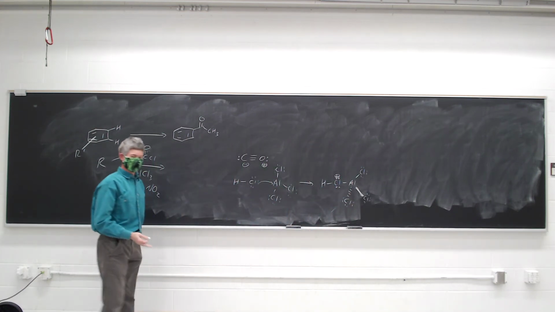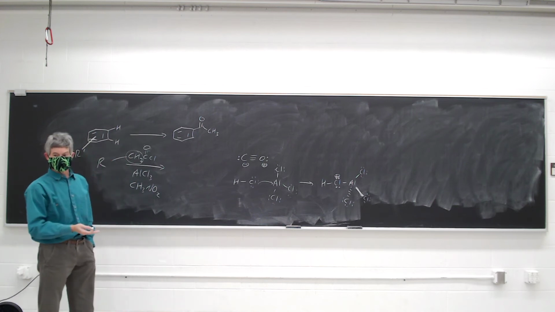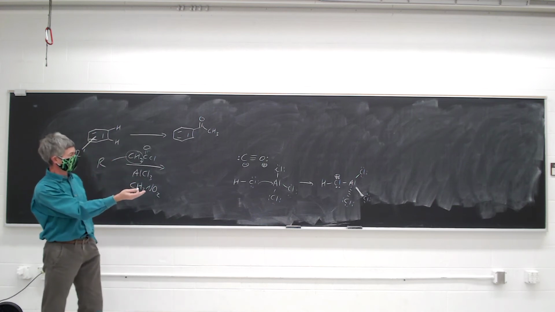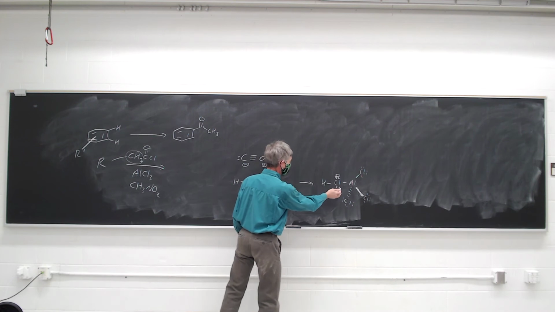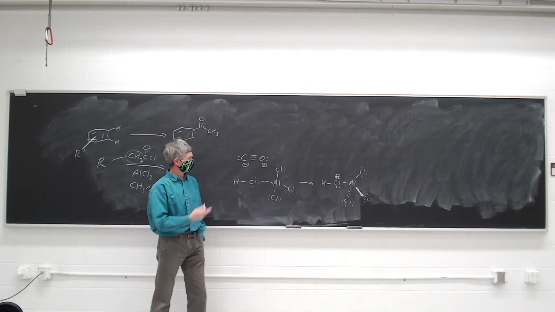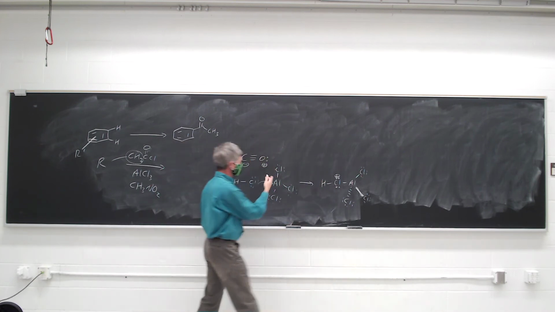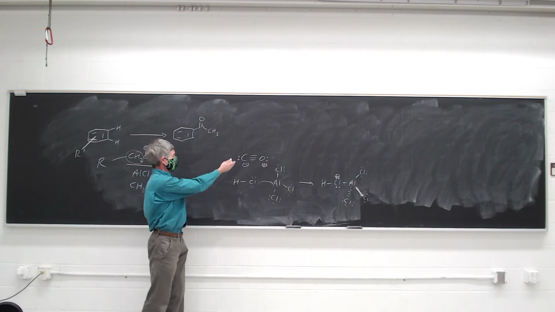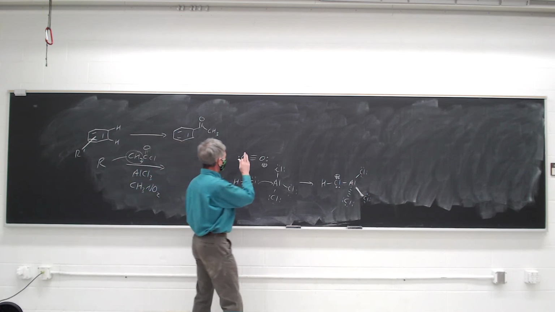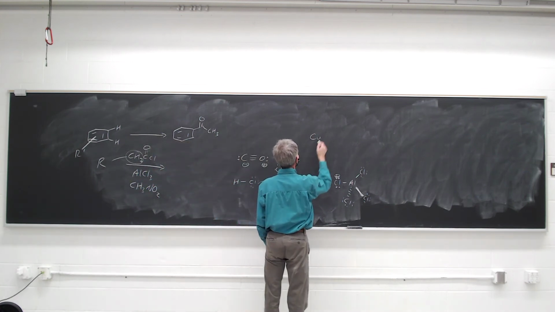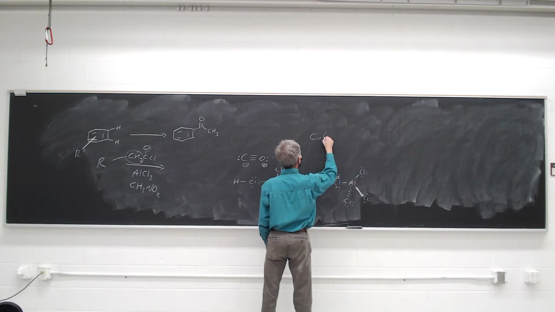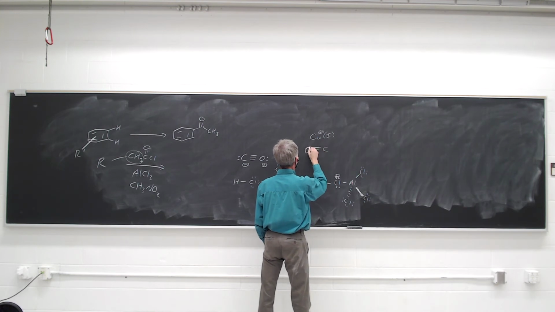HCl was already a strong acid. You can imagine how ridiculously strong it is when it's bound to aluminum, so we have a partial positive, so we have a positive formal charge on that chlorine. That is such a strong acid that it can even protonate carbon monoxide. And the copper ion is bound to that carbon monoxide by what's called a pi complex.